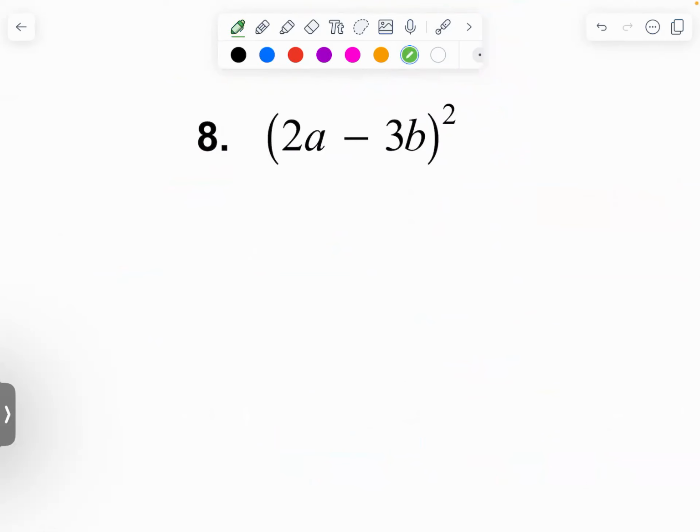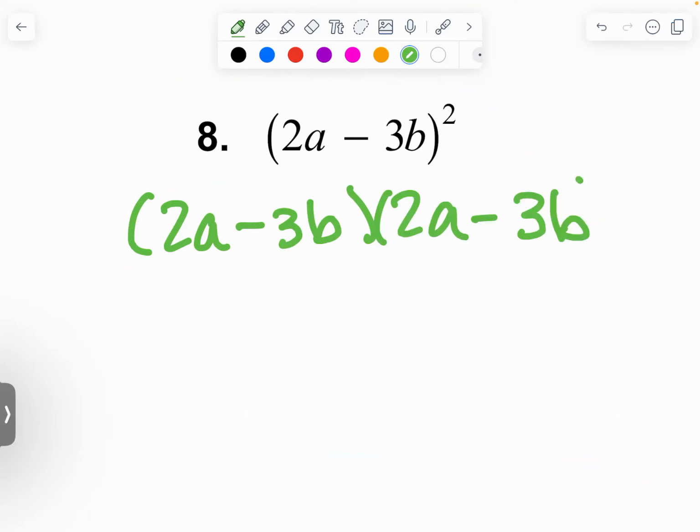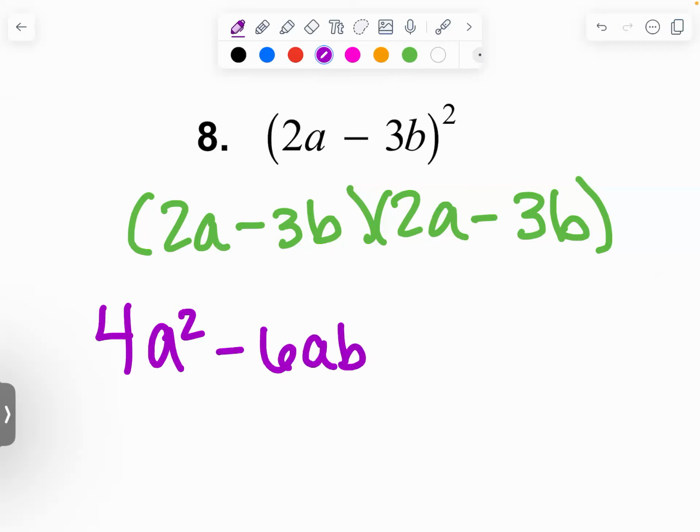Okay, now let's talk about number 8. I want to talk about number 8 just because there are variables in both terms of our binomial. So we have 2a minus 3b times 2a minus 3b. We have 2a times 2a. We have 2a times negative 3b, negative 6ab.